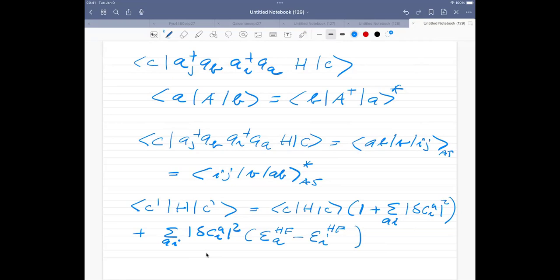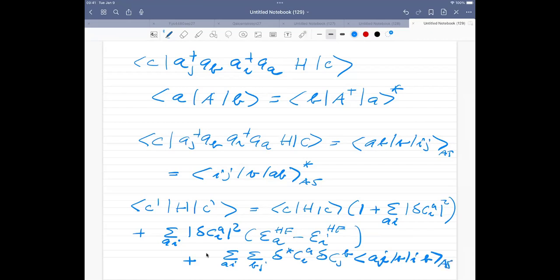And my next term is now going to be given by plus, so we have a sum over AI, and I have a sum over BJ, and then I'm going to get a delta CIA, a delta CJB, and then I have this matrix element, which I had as an A of J, of V, of I, and B, anti-symmetrized.